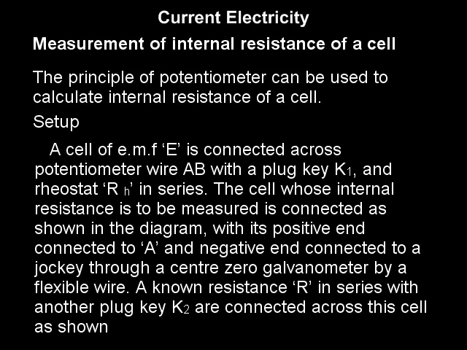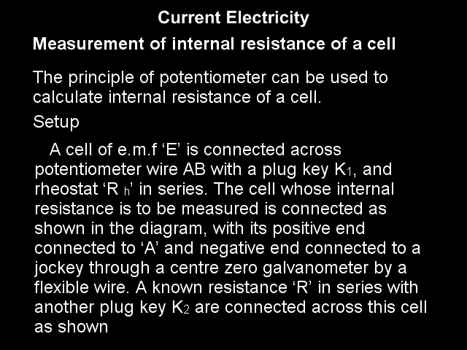The principle of potentiometer can be used to calculate internal resistance of the given cell. In the setup, a cell of EMF E is connected across the potentiometer wire AB with a plug key K1 and rheostat RH in series. The cell whose internal resistance is to be measured is connected as shown in the figure with its positive end connected to A and negative end connected to a jockey through a center zero galvanometer with flexible wire.